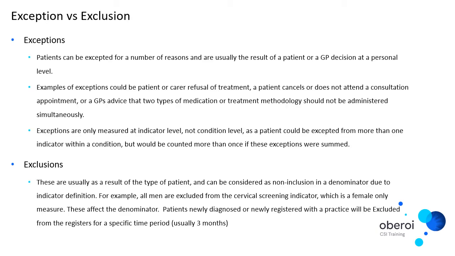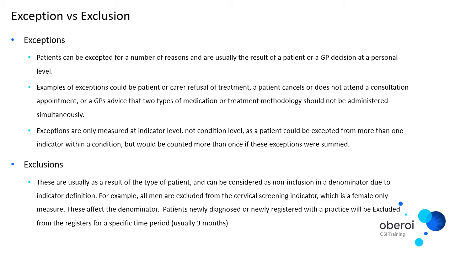A slight difference between exceptions and exclusions. So exceptions, patients can be excepted for a number of reasons and are usually the result of a patient or a GP decision at a personal level. Examples of exceptions could be patient or carer refusal of treatment, a patient cancels or does not attend a consultation appointment, or a GP's advice that two types of medication or treatment methods should not be administered simultaneously for a patient.